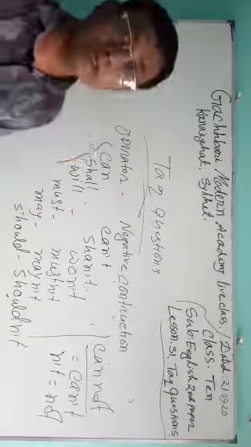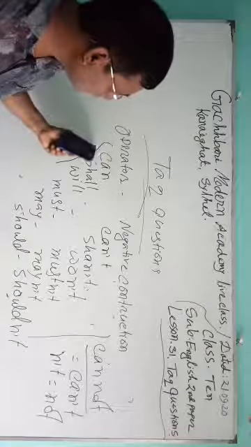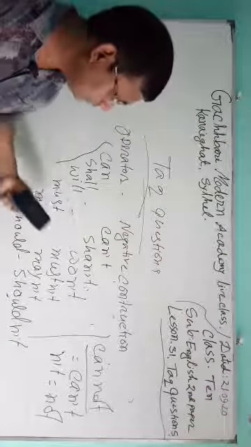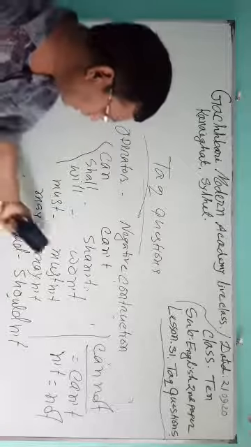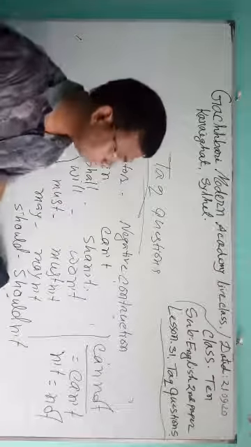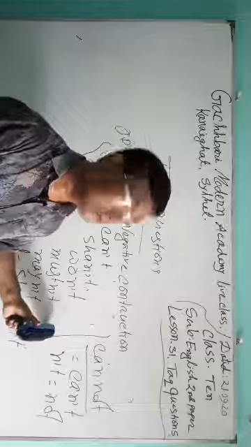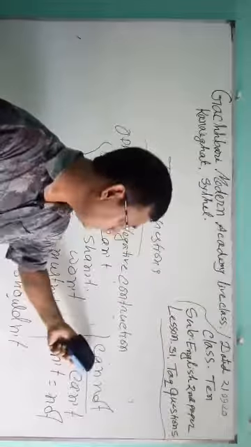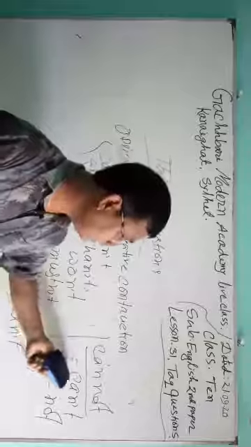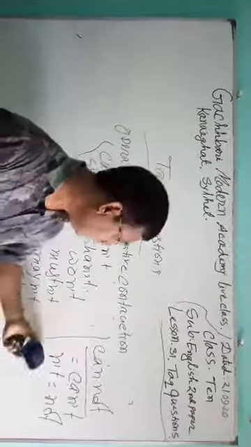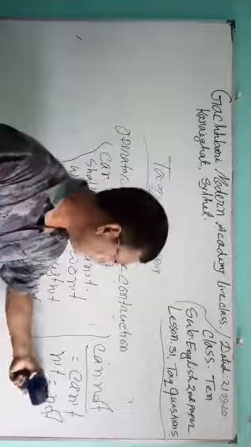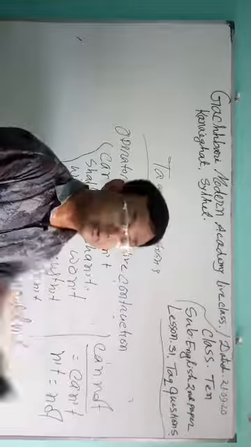Now I read out again. Can, can't; shall, shan't; will, won't; must not, mustn't; may not, mayn't; should, shouldn't. And I indicate cannot, can't: this is the long form and this is the short form, and n't is the short form of not.